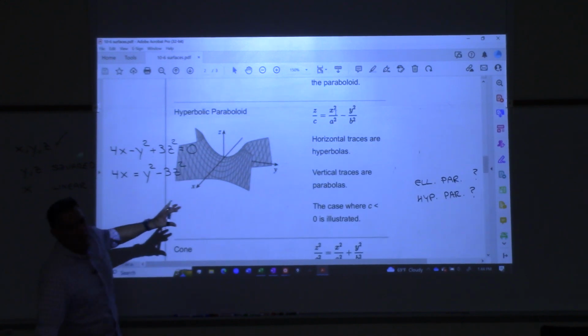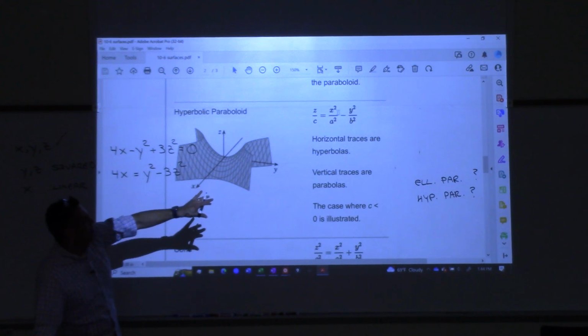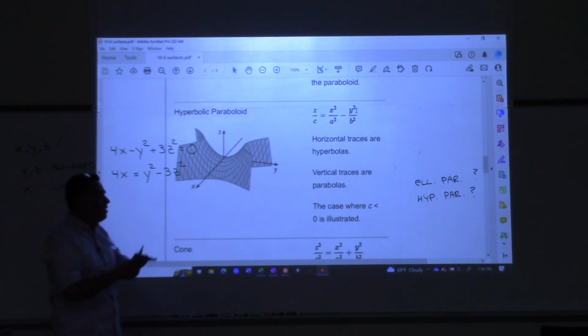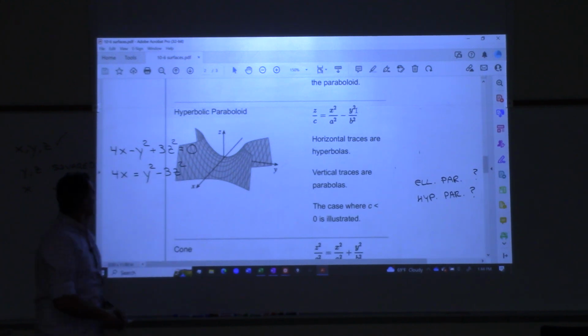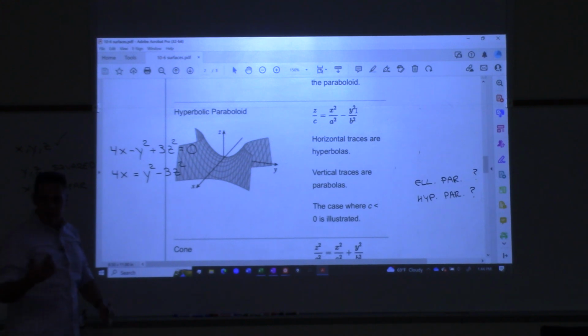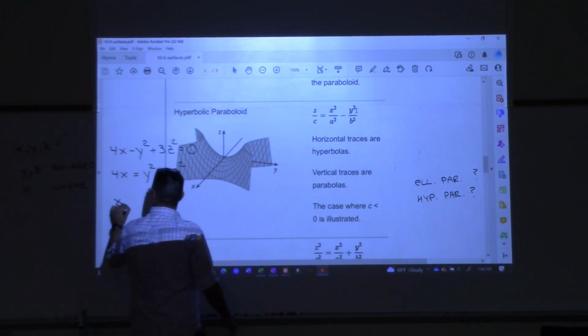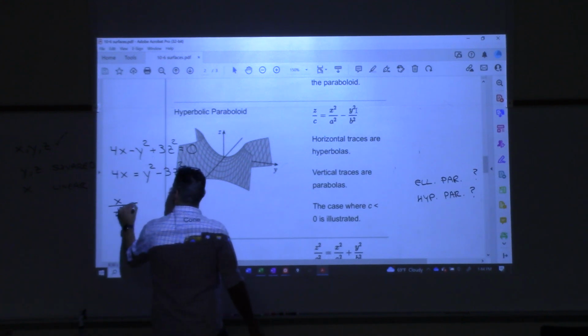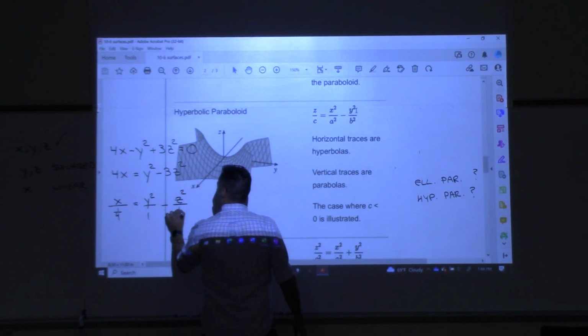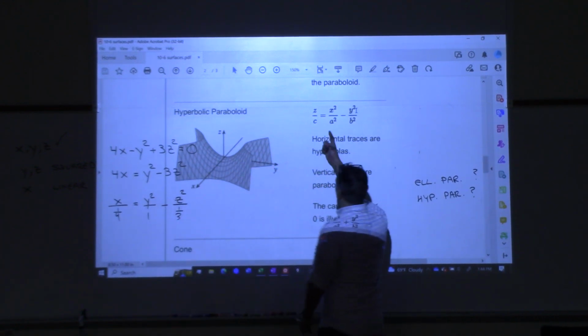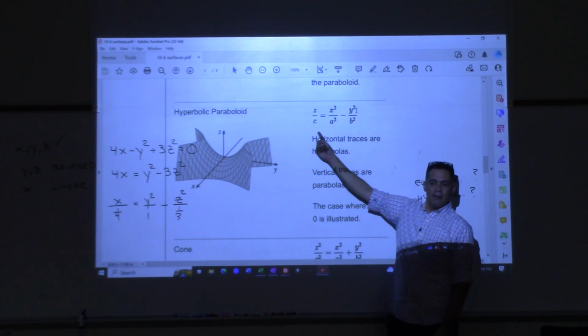I don't care about x, y, and z, I just care about the general pattern: variable equals variable squared minus variable squared. That's what I'm shooting for. Next I'm going to do the same thing I just did: rewrite this as x over 1/4 equals y squared over 1 minus z squared over 1/3. See, I'm trying to get it closer and closer to this.